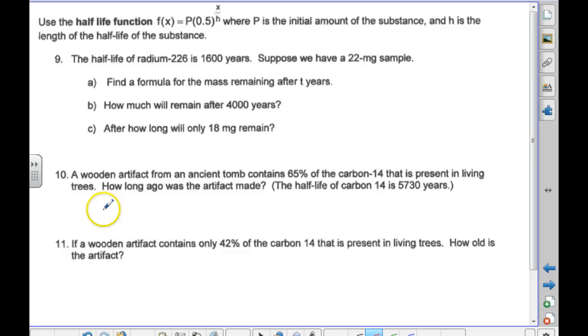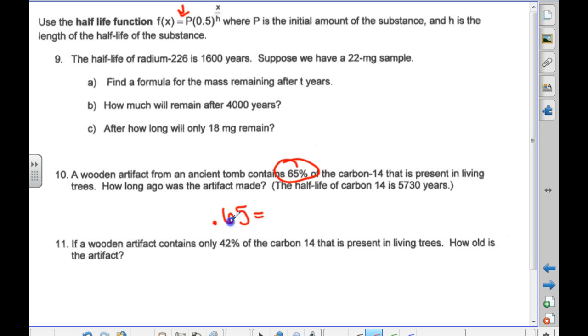Then I was asked about 10 and 11. Any ideas on how to use this half-life formula up here to do 65% remains? Would you do 0.65 times 0.5 to the x? If you put it in that spot right there, that's the initial amount. Yeah, you want 65% to be the remaining amount. Thank you. 0.65 is equal to 0.5 to the x over 5730.